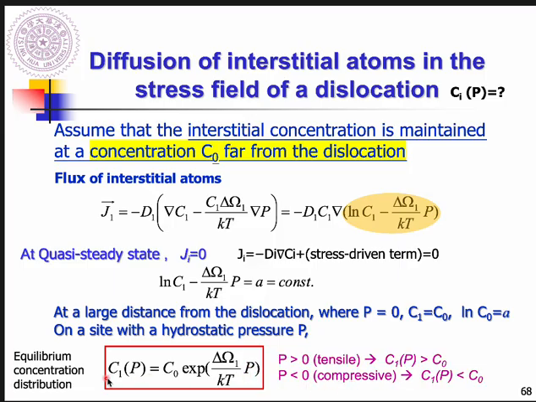So you get C1 smaller than C0. Yes, because more interstitials move to the tensile region.